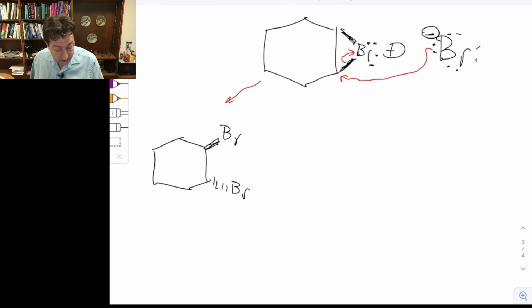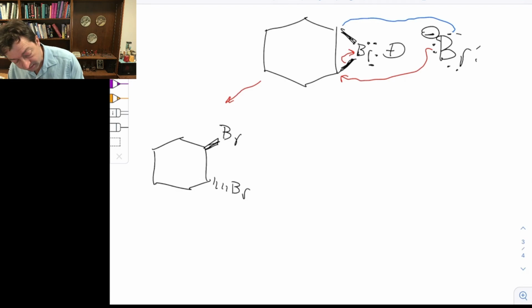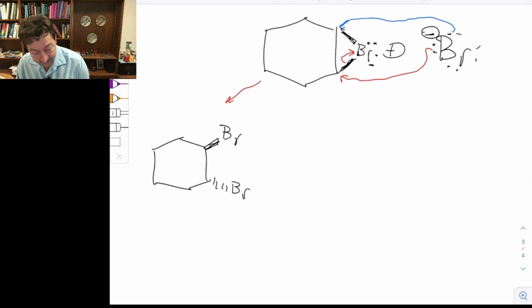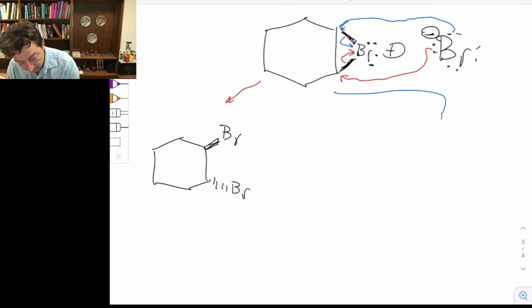Well, we can imagine another pathway here, which I'll draw in blue. I can take a pair of electrons and I can attack the other side of that three-membered ring, again opening up those electrons onto the bromine, satisfying the positive charge. The new covalent bond satisfies the negative charge on that Br minus.